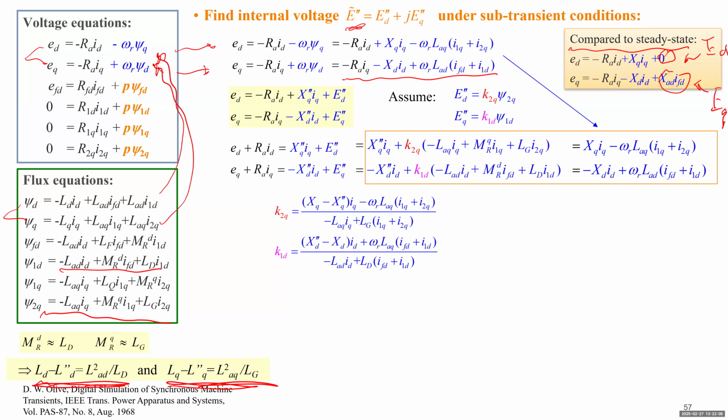We mentioned there are two ways you can model the time constant for the transient and sub-transient dynamic, or the reactances. But if you take some approximation, you will be able to get this very simple structure.